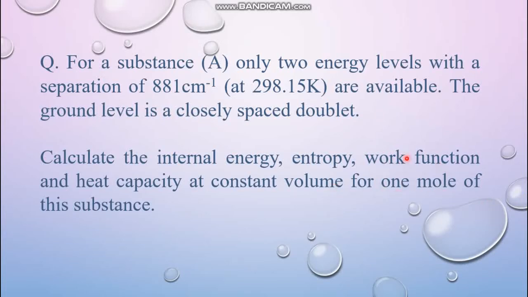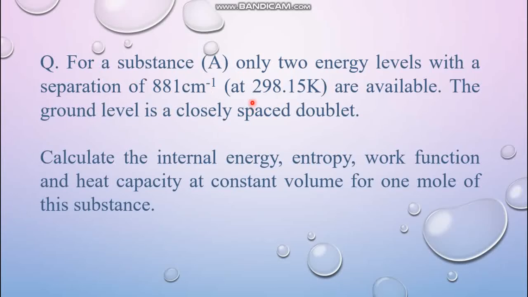Here look at this, 1 mole, that means you are given Avogadro number of substances. These are all classical particles. Okay, they have to be distributed in two energy levels where the ground state has a doublet. That means g0 is 2 and the first excited state is just above, 881 centimeter inverse in the energy profile.